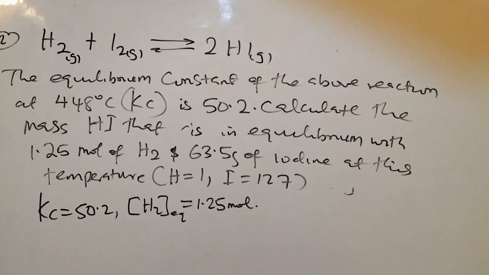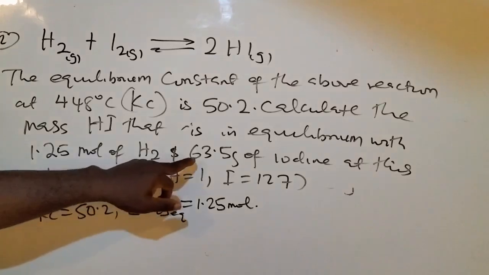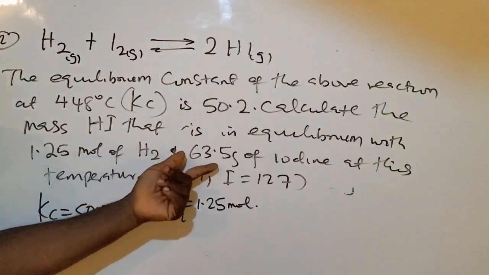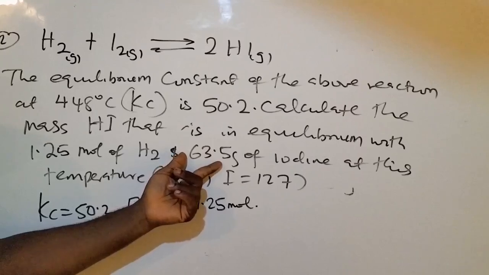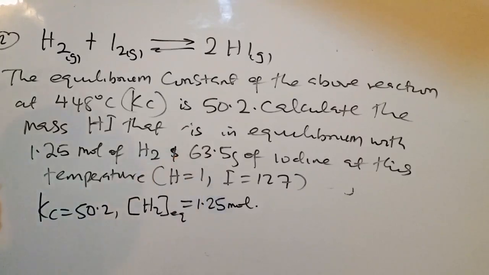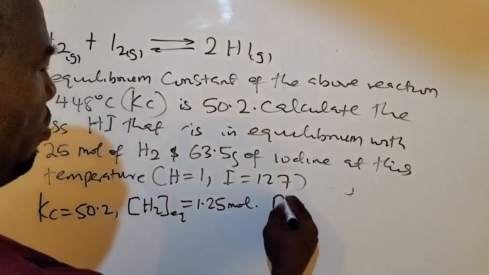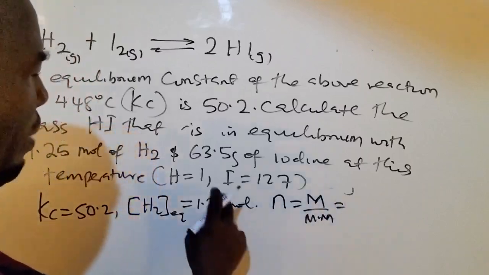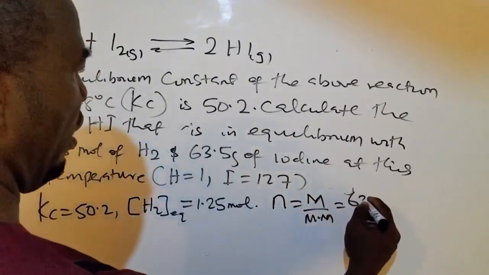Then they give us the mass of iodine at equilibrium. So mass and mole cannot move along, so we're going to convert this mass to moles of iodine. You know that the number of moles is given by mass over molecular mass. So the mass of iodine is 63.5.